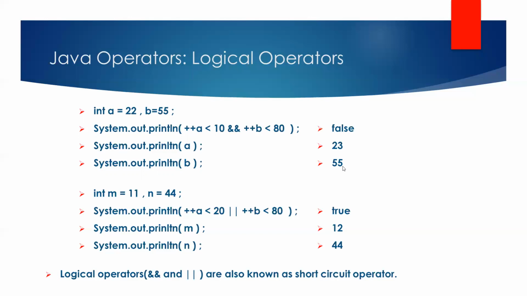As Ming says, B should be 56. Plus plus B is equal to 56. So in this case, you are saying that it should be 56.